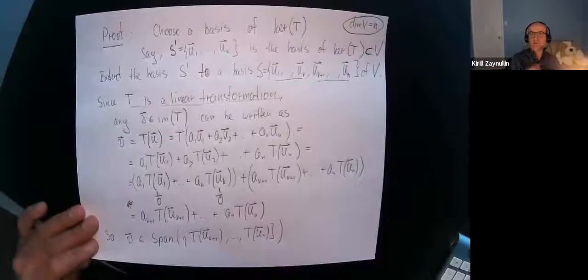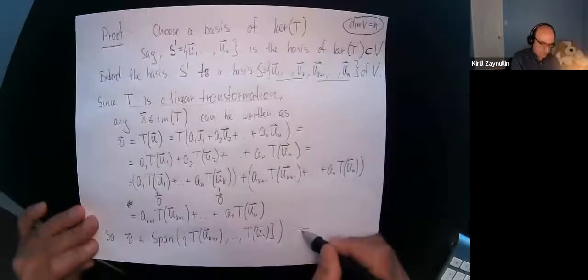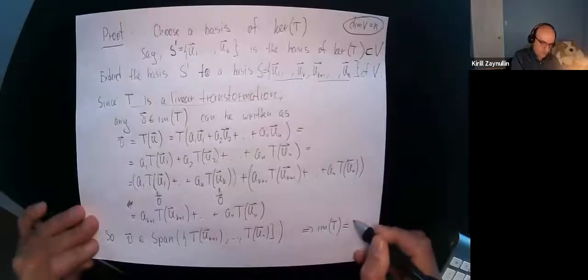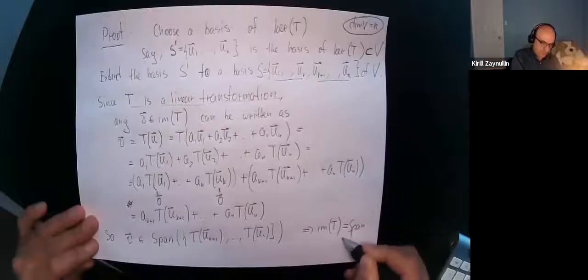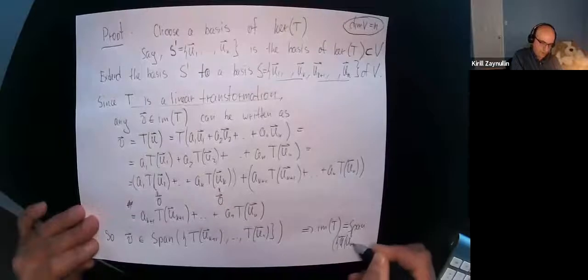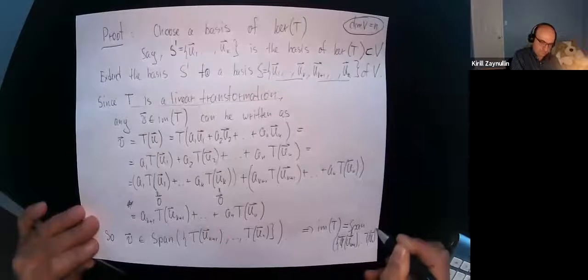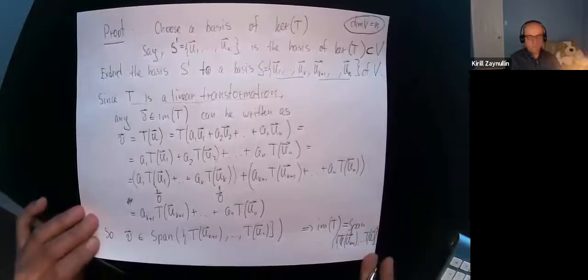So the span has to be inside the image. So what we just showed is that the image is contained in the span and the span is contained in the image, meaning that the two coincide. So this implies that the image of T coincides with the span of those vectors, T of u(k+1) up to T of un.